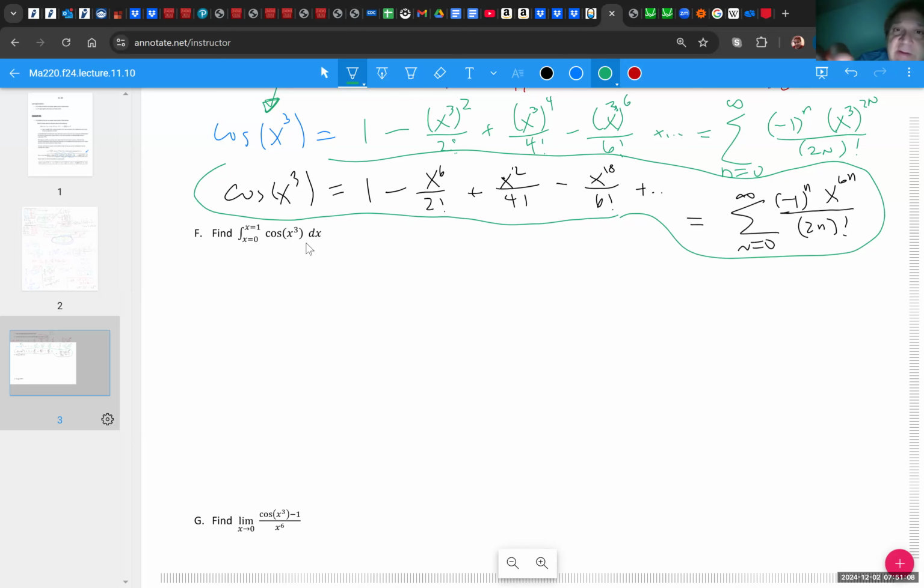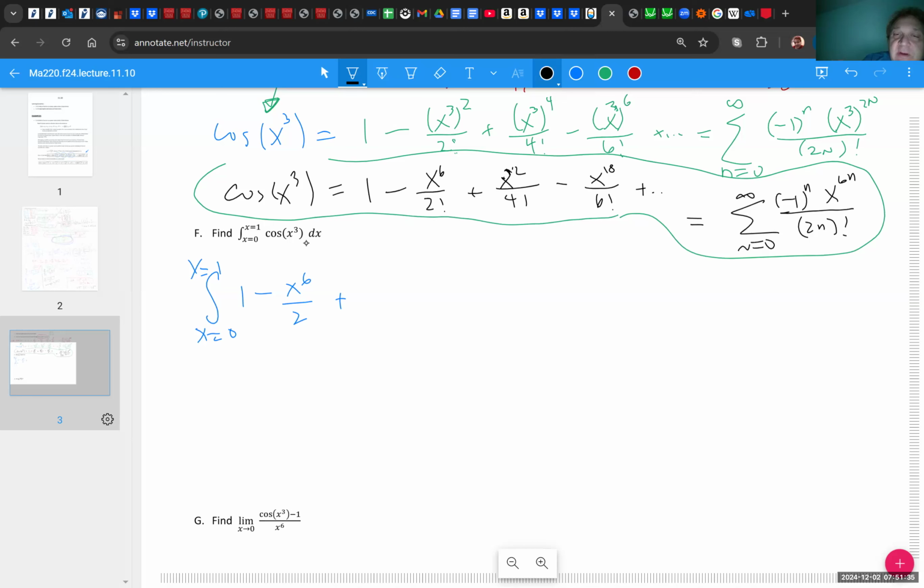So why do I say this? Because we don't have to actually integrate cosine x cubed. We can integrate the Taylor polynomial that's equal to cosine x cubed. So the integral from x equals 0 to x equals 1 of cosine x cubed is the integral of 1 minus x to the 6th over 2 plus, that should be, I think that's a 12 down, a 2 there.